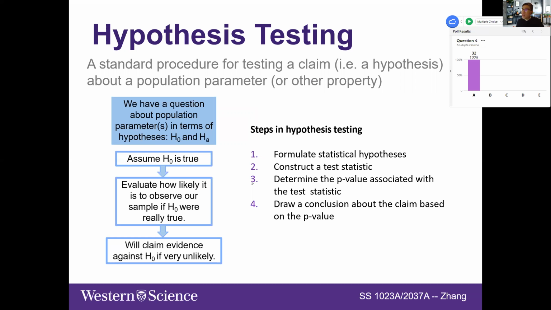Steps 2 and 3 are constructing the test statistic and the p-value to help us determine whether we should reject our null hypothesis or not. The last step corresponds to the last part of the flowchart, which is to draw a conclusion based on the p-value. That's the general procedure for hypothesis testing.